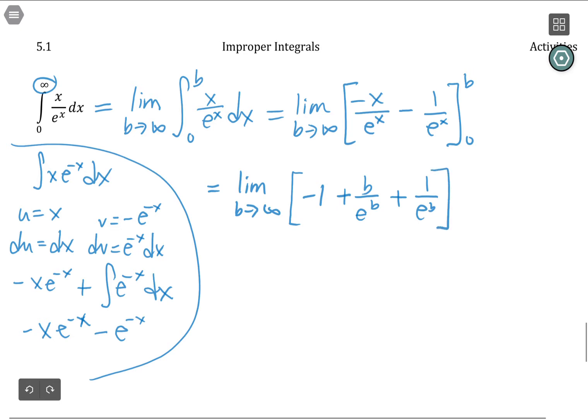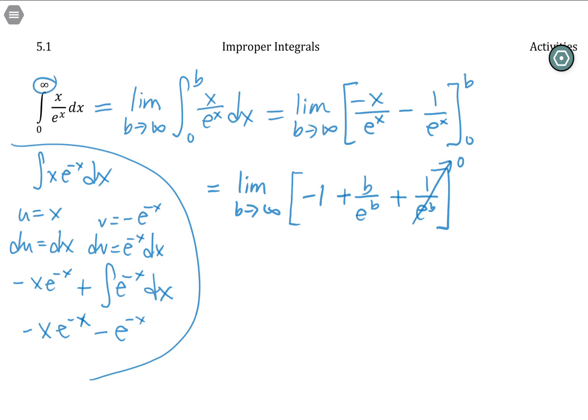Okay, so looking at this, as b goes to infinity, this first one I hope we can spot: e to a really big number is huge, 1 over that is going to be tiny, so that's going to 0. What else do we have? b over e to the b. Let me think about this in my head.